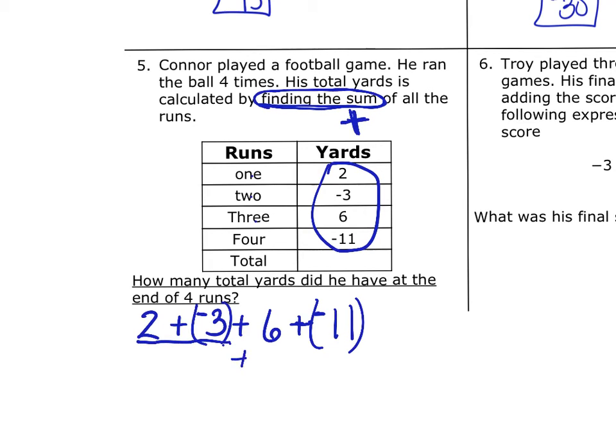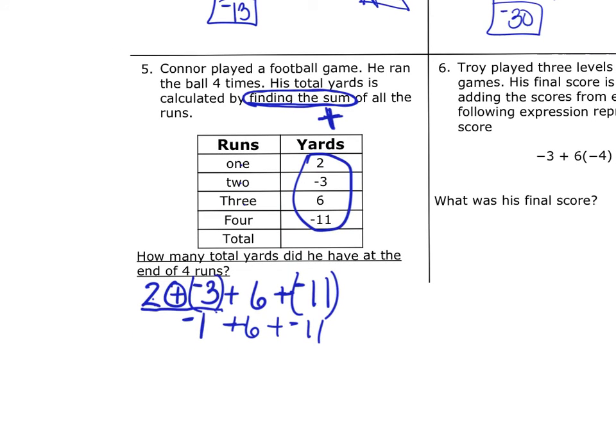Okay? So if I just take the first 2, 2 plus a -3, I'm combining different signs, so I'm going to actually subtract, leaving me -1. Next step, bring down the plus -11.